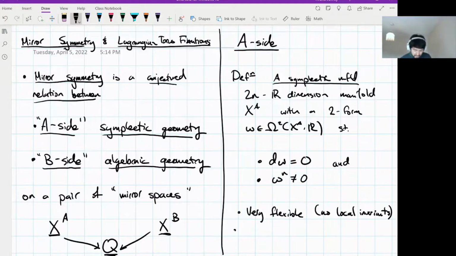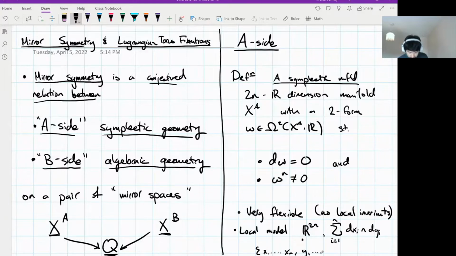The local model for a symplectic manifold would be something like R2n with the symplectic form the sum from i equals 1 to n of dxi wedge dyi. So the coordinates on R2n are x1 through xn, y1 through yn.